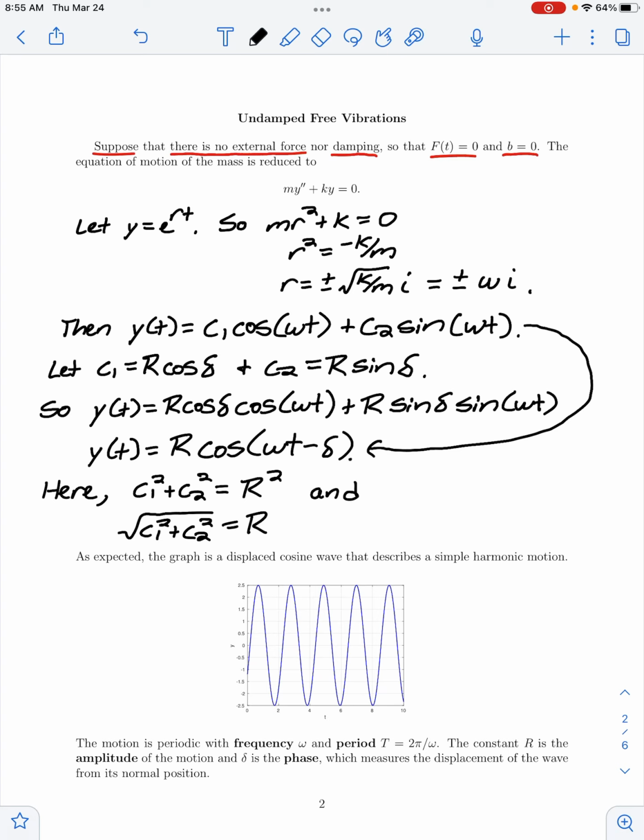And to get delta, if I were to divide C2 by C1, I would have sine divided by cosine of delta, or tangent of delta. So depending on what the values of C1 and C2 are, we can determine our angle delta from this relation.